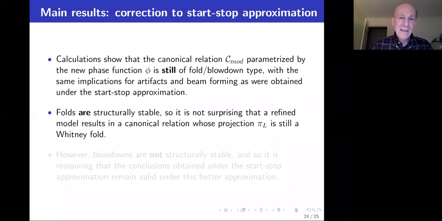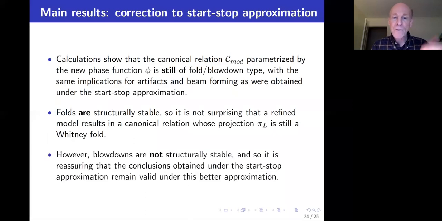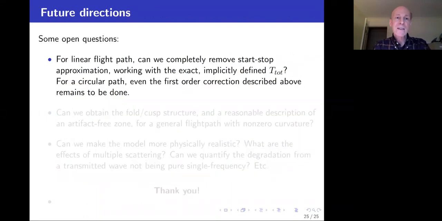Okay, so as I said, folds are structurally stable, so it's not that surprising that under this refined approximation, pi L is still a Whitney fold. However, that is not at all guaranteed for pi R, and yet that's still a blowdown, and the analysis we gave is still valid.